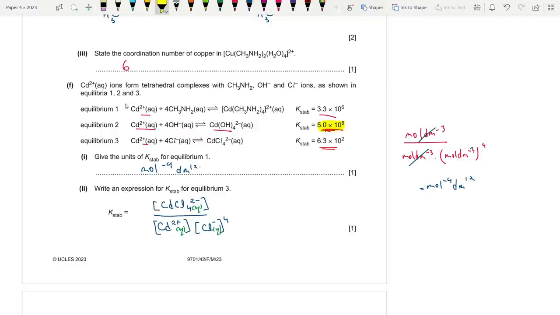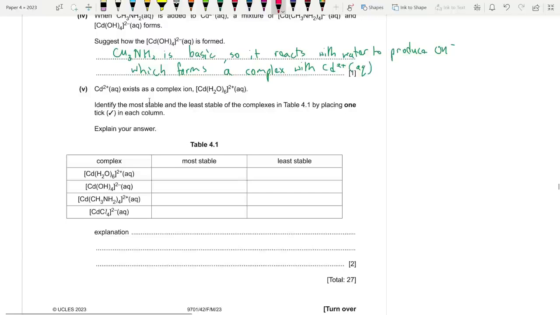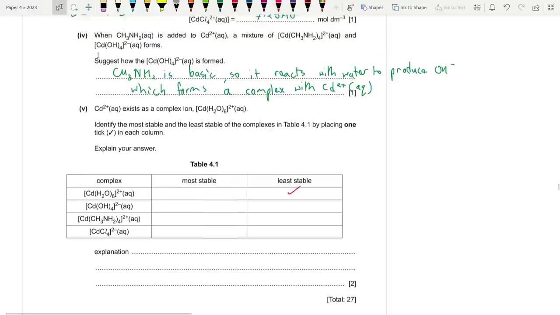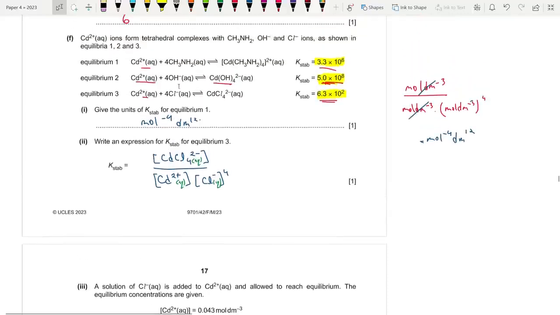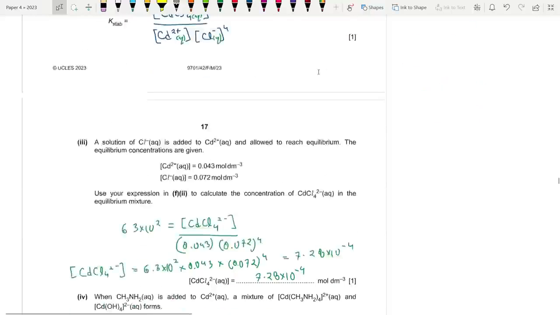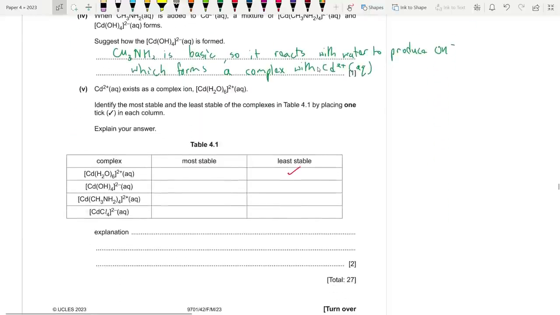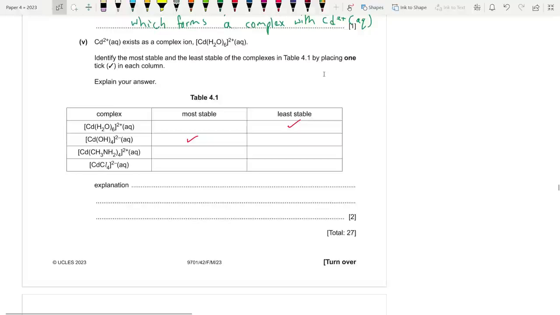Followed by this methylamine complex, and lastly CdCl4. The weakest is [Cd(H2O)6]2+, essentially the least stable because everyone displaces it. Check it out. Everyone displaces it: methylamine, hydroxide, and chloride. But the hydroxide complex is the most stable because it has the greatest value, 5 times 10 to the power 8. There you go. Okay, so what's the answer?